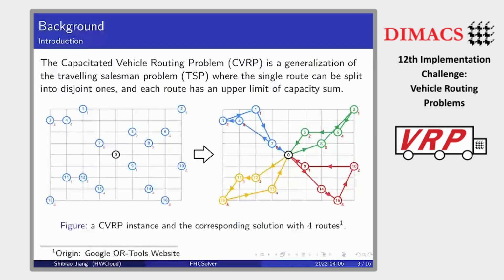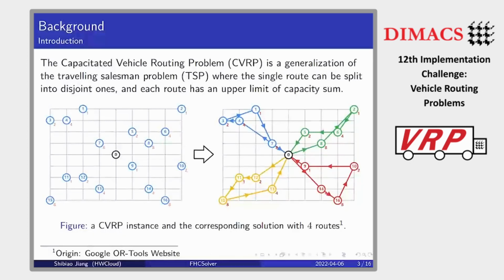Let's look at the left picture. You will find many blue points on the plane, and the red number means the capacity of each customer. And you should find some routes to ensure that each customer is visited only once, and the total distance of these routes is as small as possible.